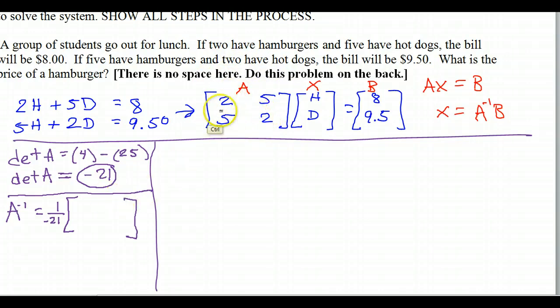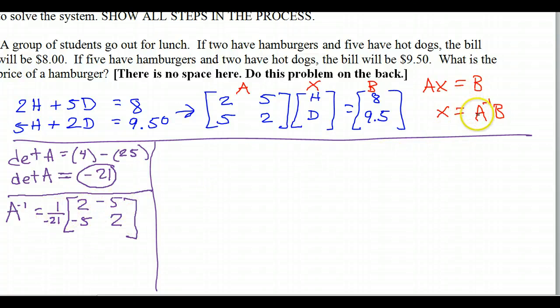Reversing these doesn't really do anything, so that'll still be 2 and 2. And then I'm going to negate these, so they will become negative 5 and negative 5. So this is the inverse. Go ahead and leave the fraction out front. Do not divide everything by negative 21 until the end of the problem. So this is my A inverse.